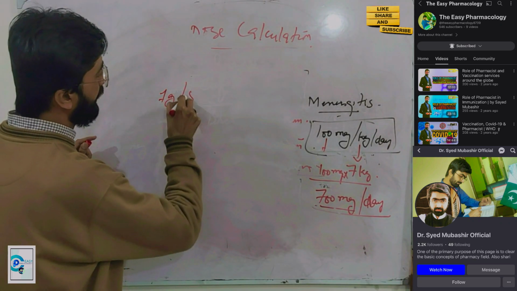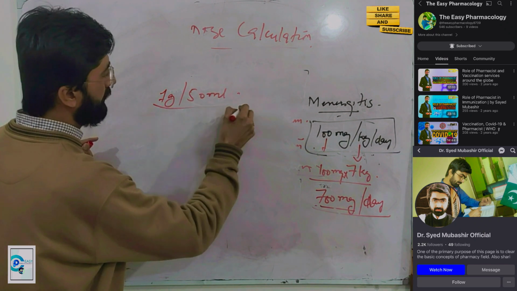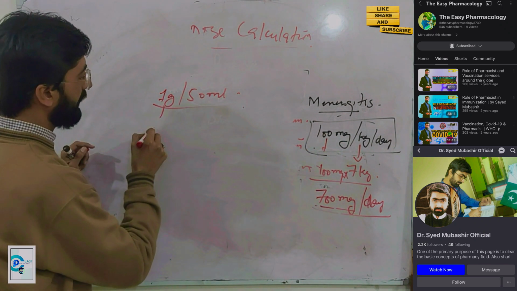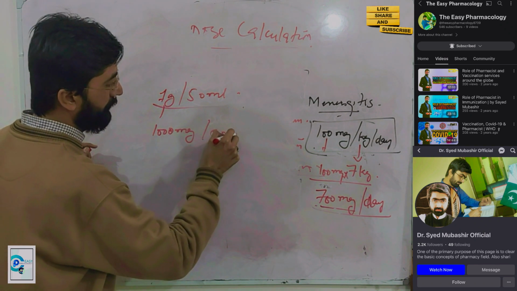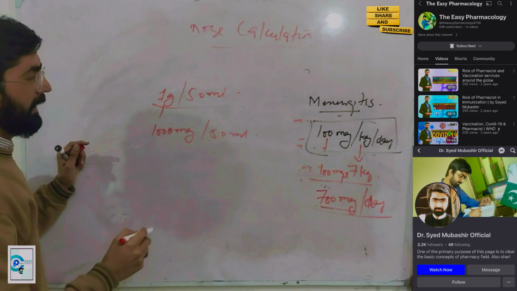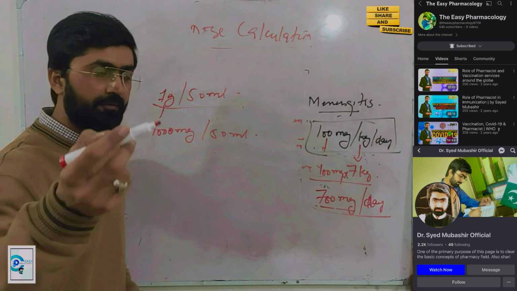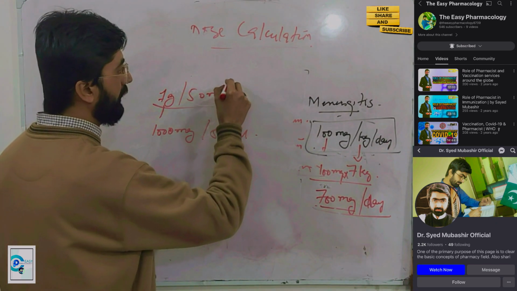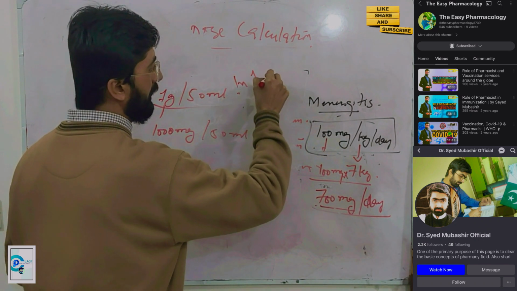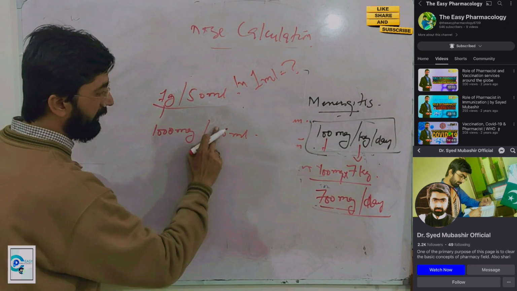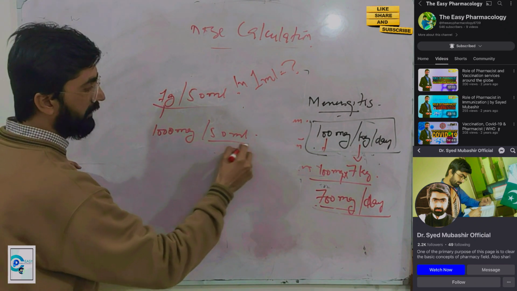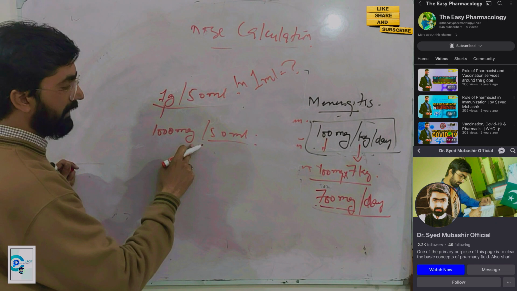1 gram per 50 ml. This is the strength available. 1 gram means 1000 milligram per 50 ml. Now the first step which you have to do is: in 1 ml, how much drug is available? This is 50 ml, and in 50 ml, 1000 milligram are there.